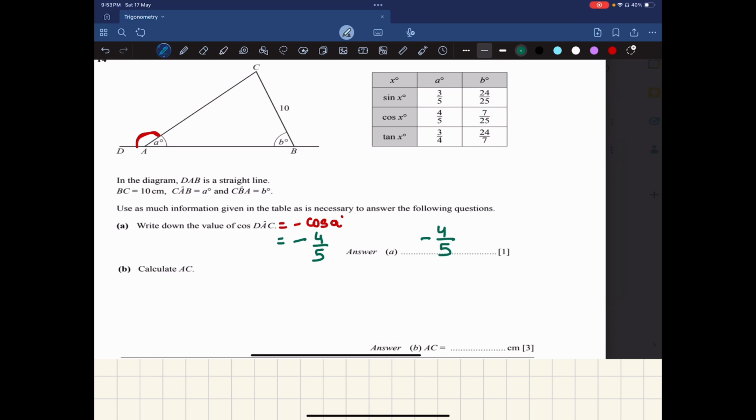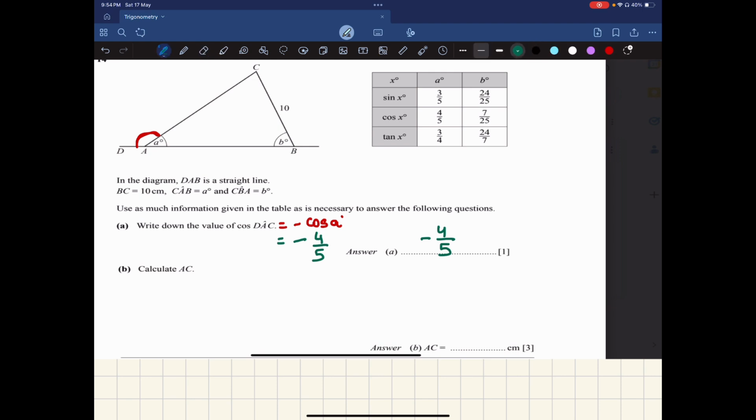Next, they're asking you to calculate AC. Okay, so this is a non-right angle triangle. So either we're going to apply sine rule or cos rule. Sine of A is given and length 10 is given. So we have one angle side pair, right? So we are going to apply the sine rule.